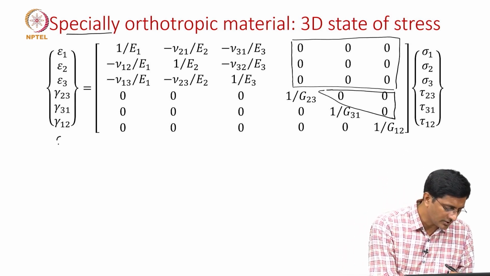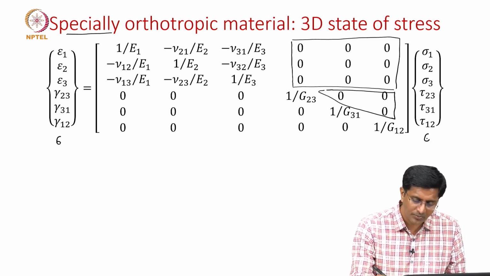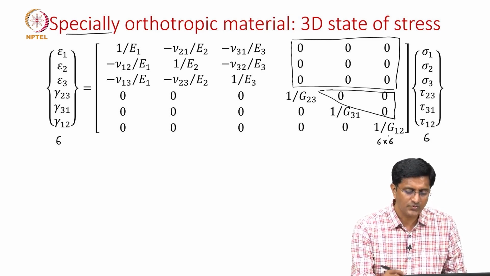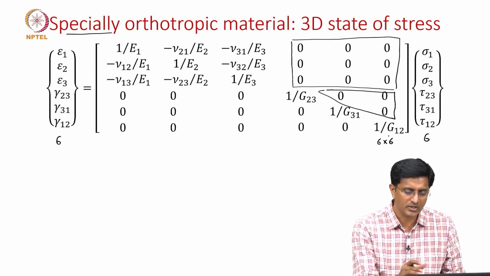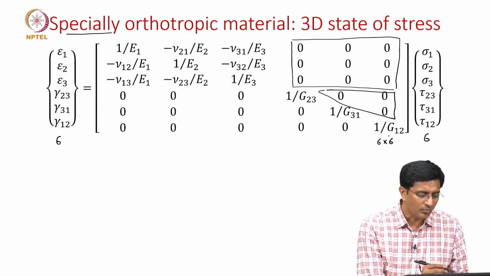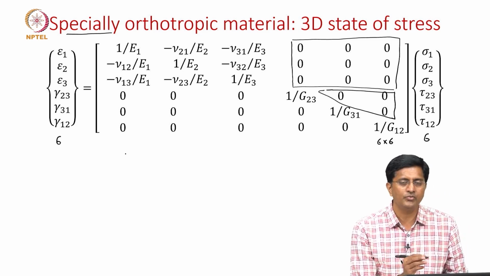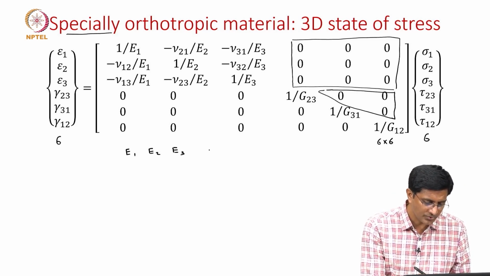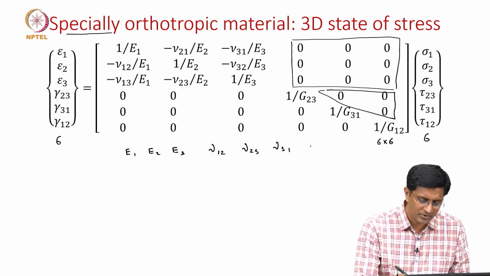Here we notice that there are 6 components of strain and 6 components of stress related by this 6 by 6 matrix, but since it is a symmetric matrix and a few of the terms go to 0, effectively this compliance matrix is defined by only a few elastic constants such as the elastic moduli E1, E2, E3, Poisson ratios nu12, nu23 and nu31, and the shear moduli G12, G23 and G31.